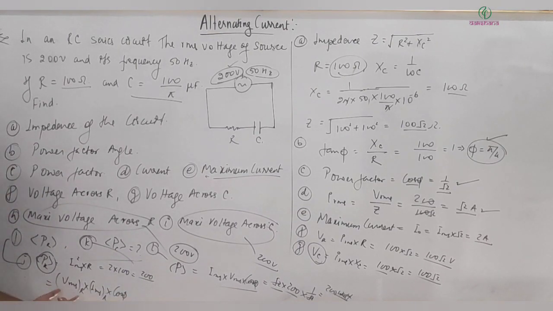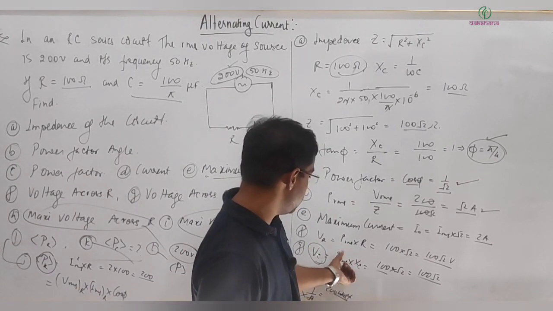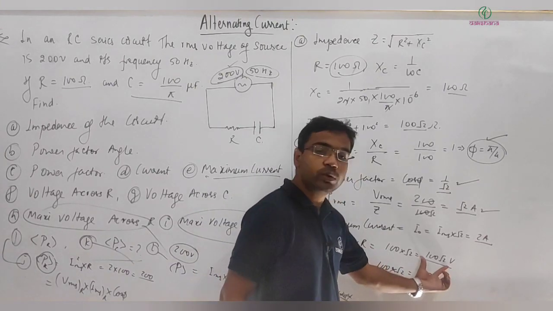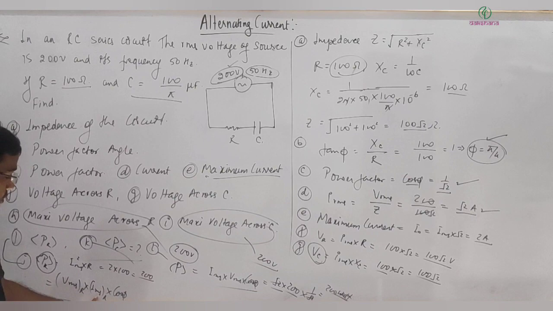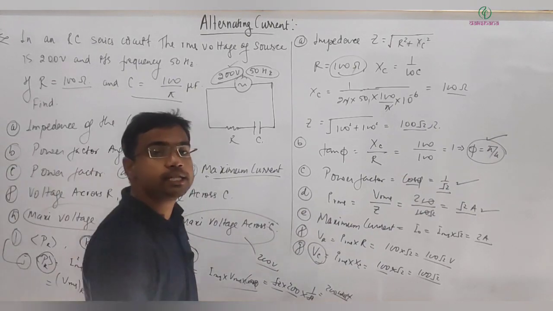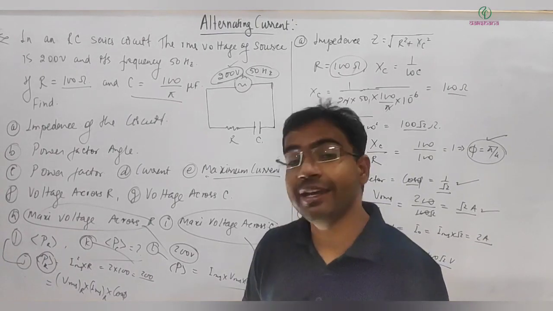What is V RMS across resistor? We have already calculated this, V RMS across resistor is 100 root 2. I RMS will be the same. So 100 root 2 multiplied by root 2. And because in a resistor voltage and current are in the same phase, phi will be 0.